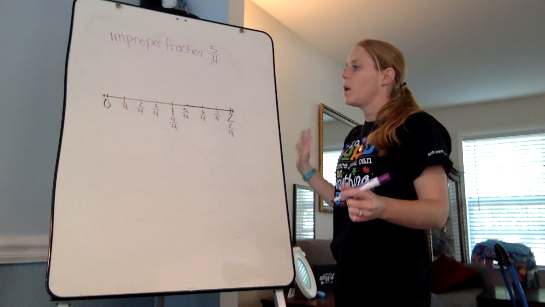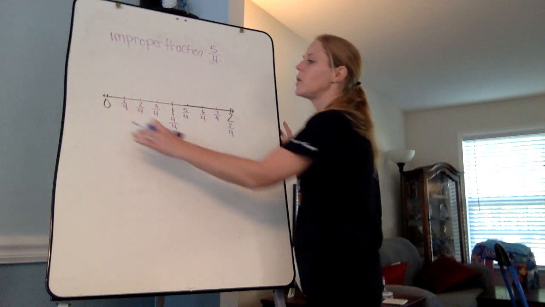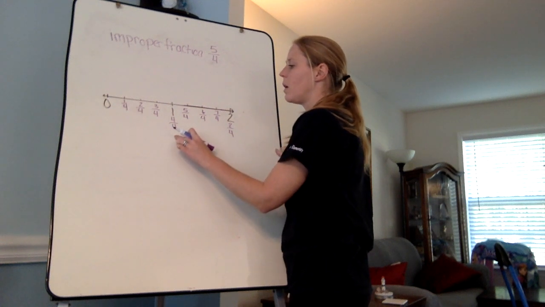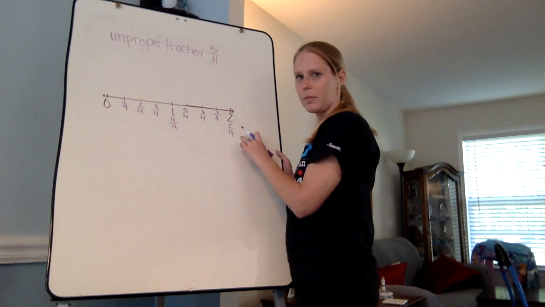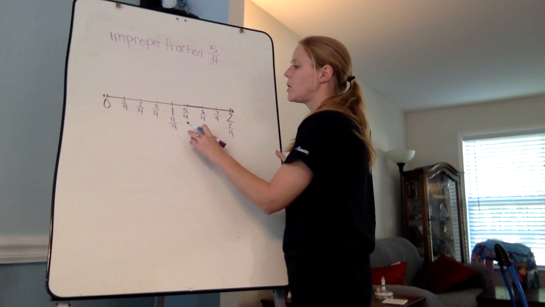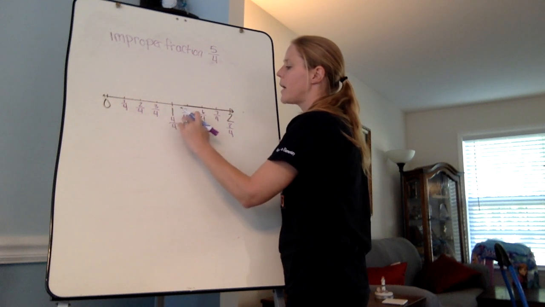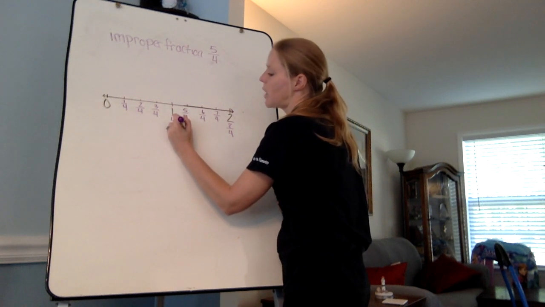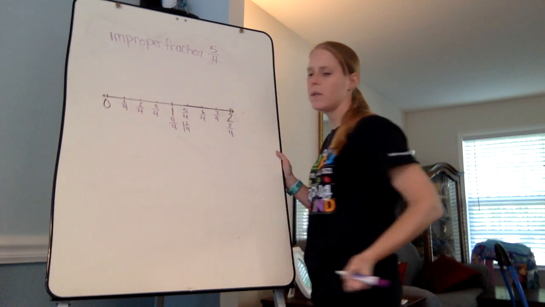The other thing that we can look at is mixed numbers. Now it doesn't change anything from 0 to 1, but it does start to change stuff after the 1. So this is saying I have one whole shape filled in. If I go to the next one, I have one whole shape, and I filled in 1/4 of the next shape.